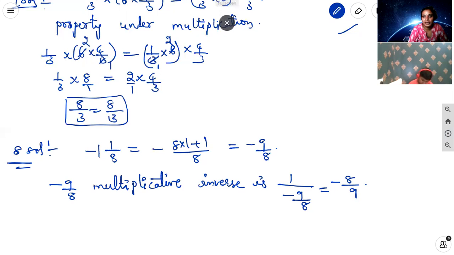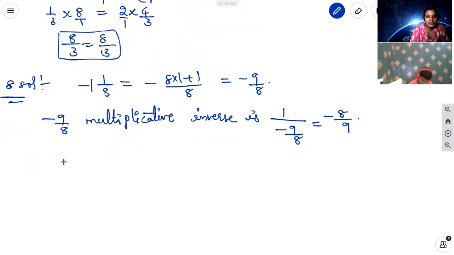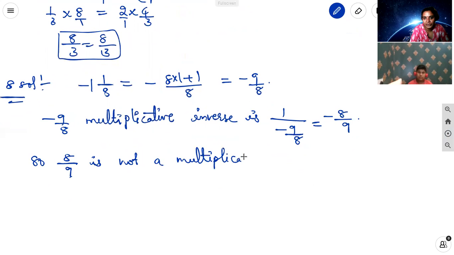So here, 8 by 9 is not a multiplicative inverse of minus 1 into 1 by 8. Why?